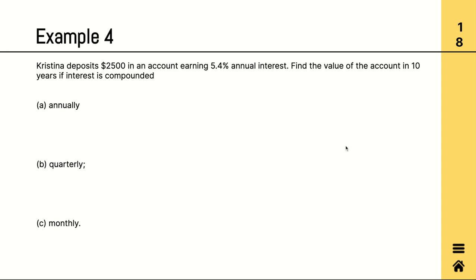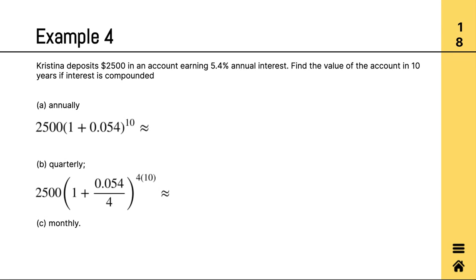Well, here's the formula. It's your P principal times 1 plus here's your interest rate, 0.054. See, now here's where we kind of skipped over the division portion of the rate over N. It's the number of times you compound per year. So since we're compounding annually, there's only 1 compound per year.